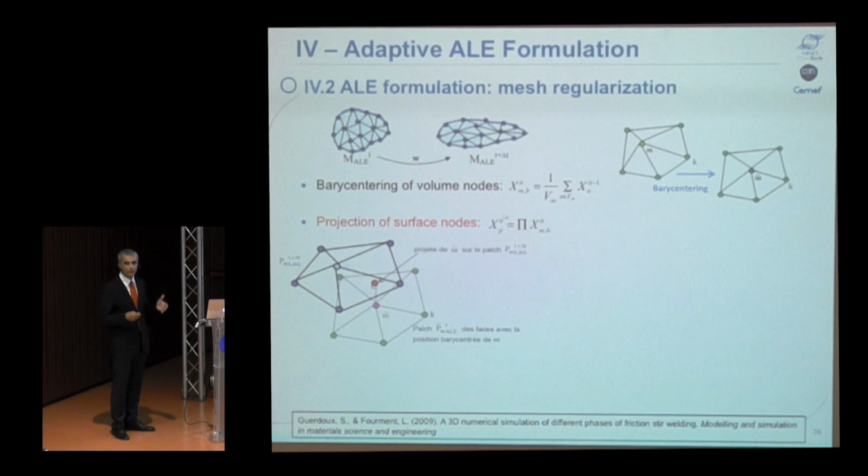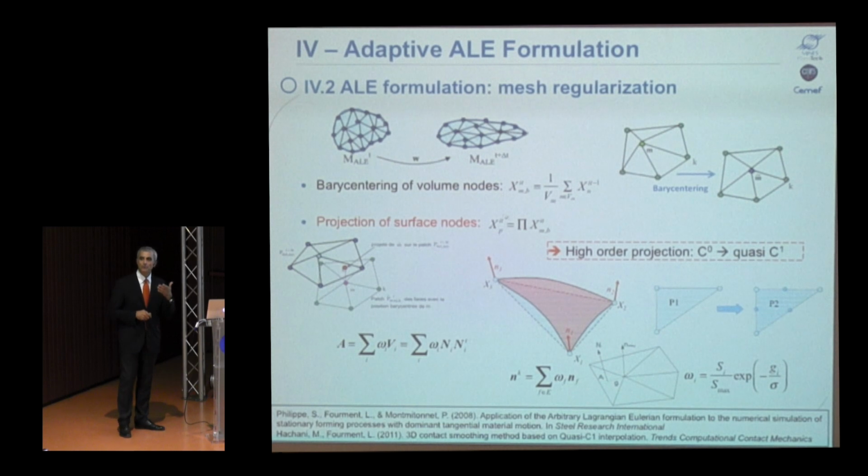The surface is known from the Lagrangian deformation of the mesh, and the elements are linear. So by projecting a node on a linear surface, there is a lot of diffusion and a lot of errors. This means that in order to reduce that diffusion, we are using higher order elements.